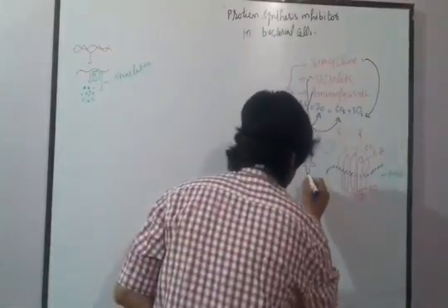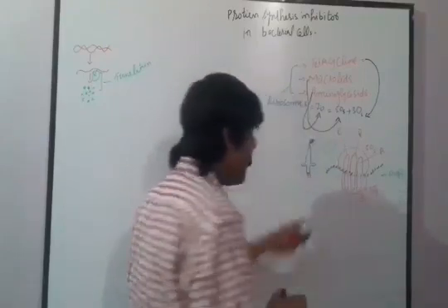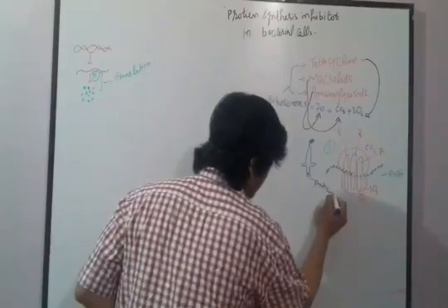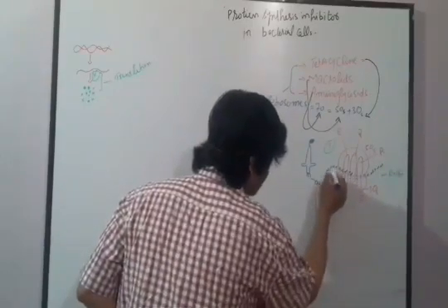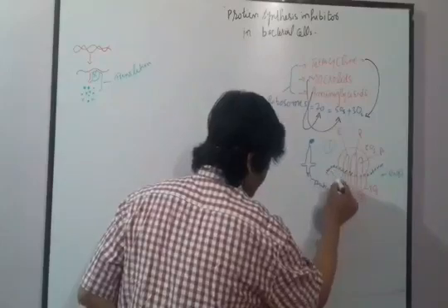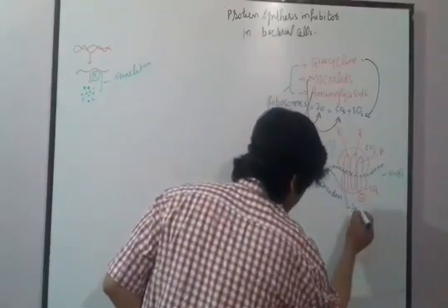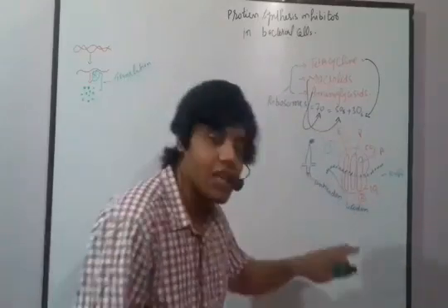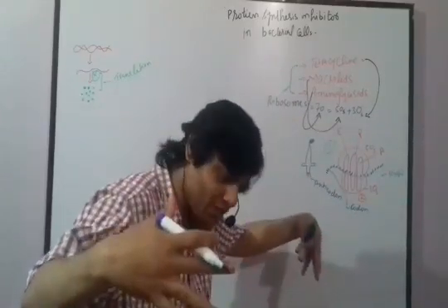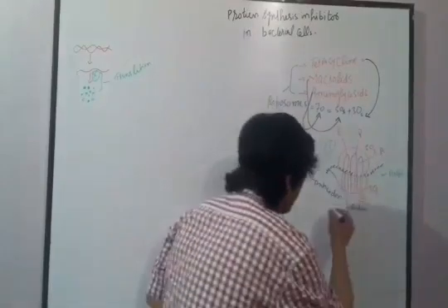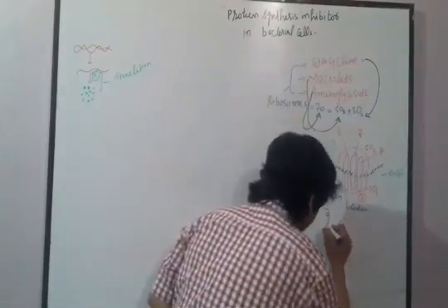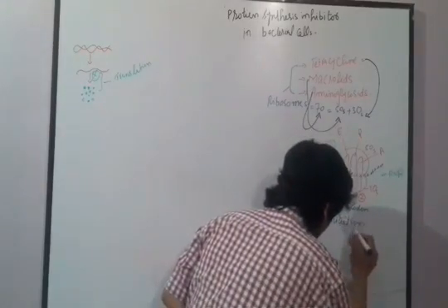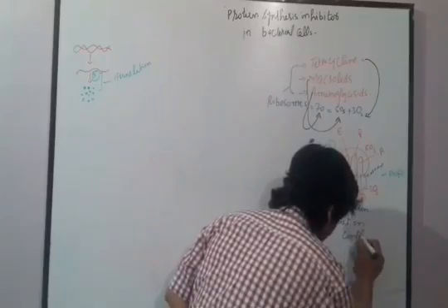Now this transfer RNA contains an anticodon. And this black one, as I drew on the messenger RNA, is the codon. When these three things are bound together, we call that the initiation complex.